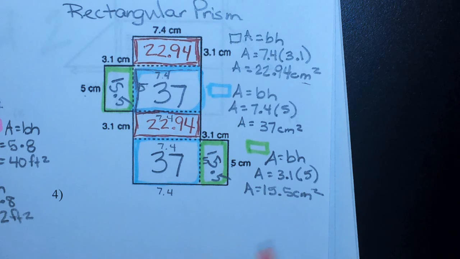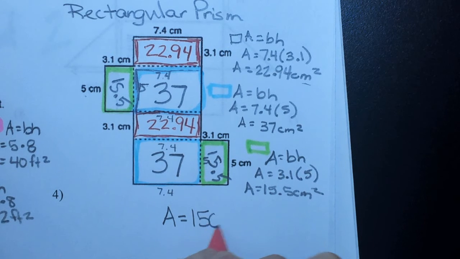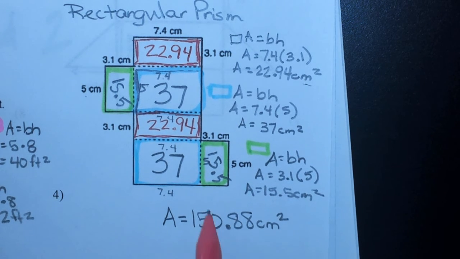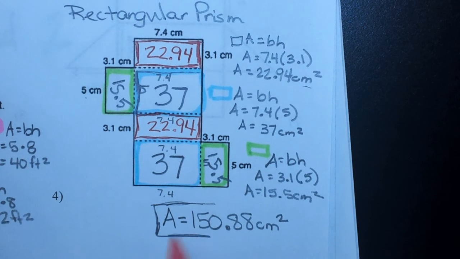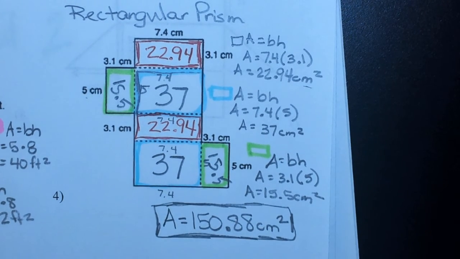Doesn't matter how you do it. 150.88 centimeters squared. Did you get it? Okay, now we're going to keep going.